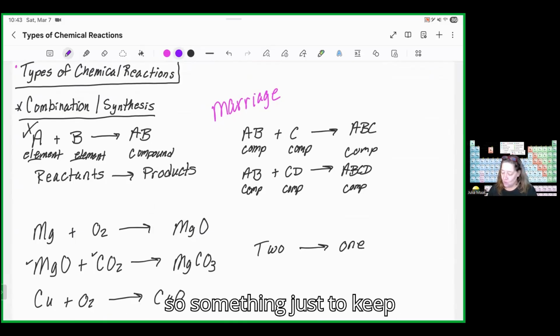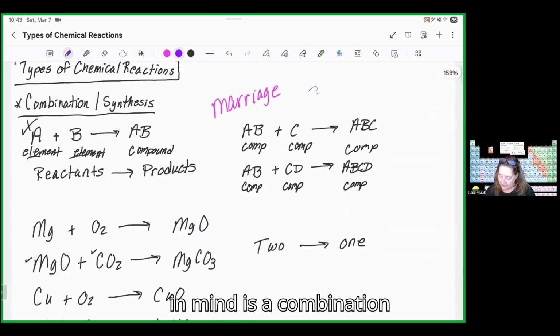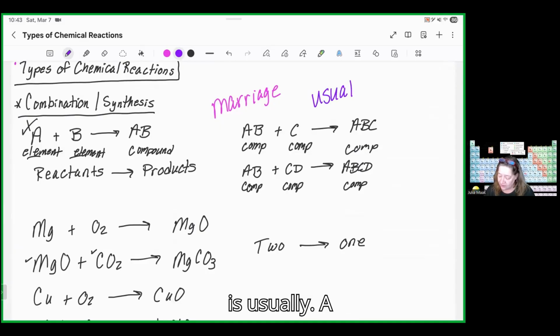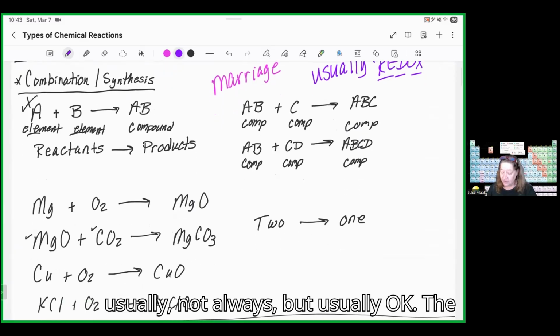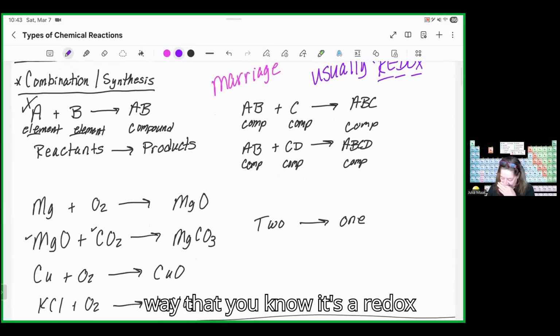Something to keep in mind is that a combination reaction is usually a redox, reduction and oxidation. Not always, but usually.